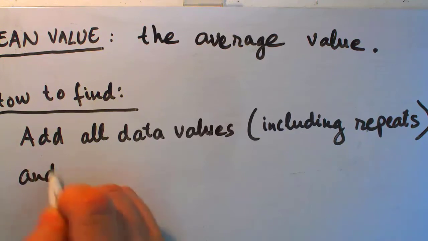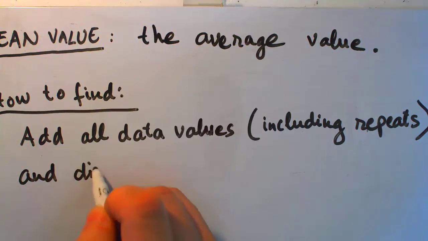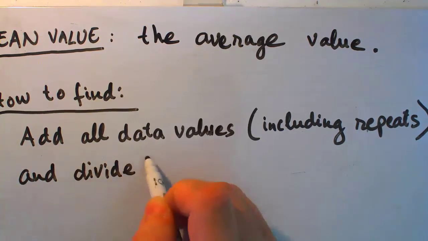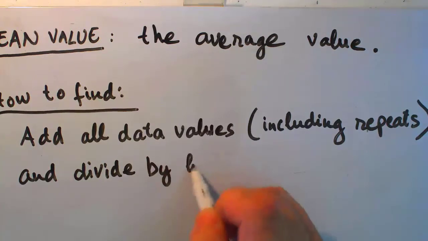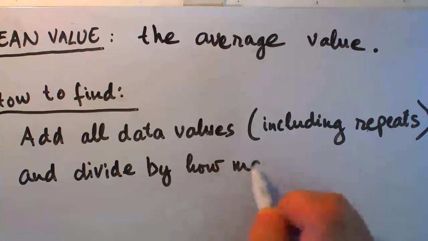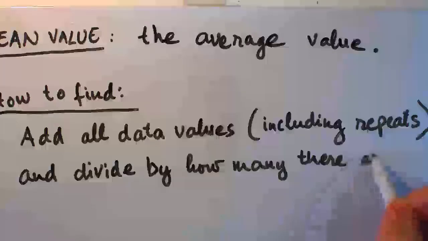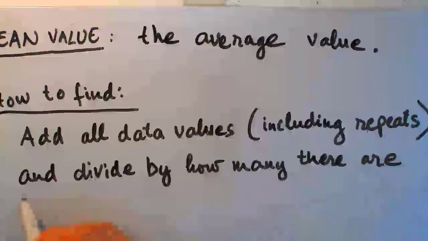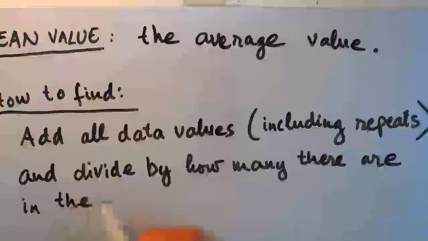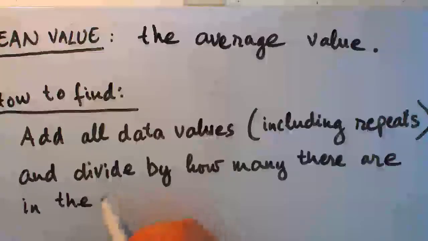And then divide by how many there are in the data. That's how we say it any time we're communicating with anybody about how to find a mean value.